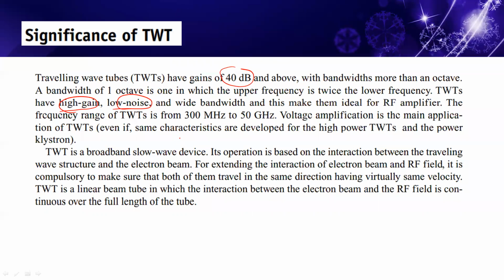So microwave amplifiers are designed by using this type of traveling wave tubes. Similarly, these traveling wave tubes are operated up to 50 gigahertz. And another feature of this traveling wave tube is that it is a broadband device. As we know, it is a broadband device.